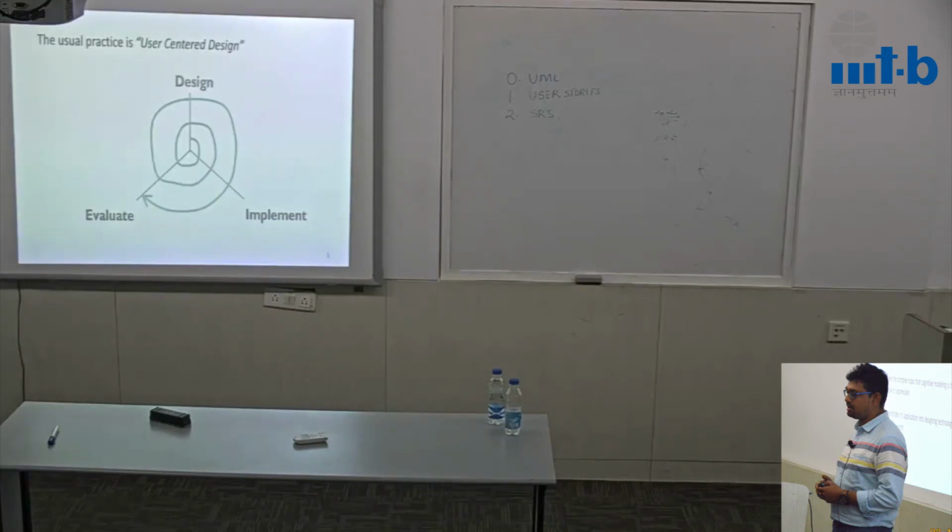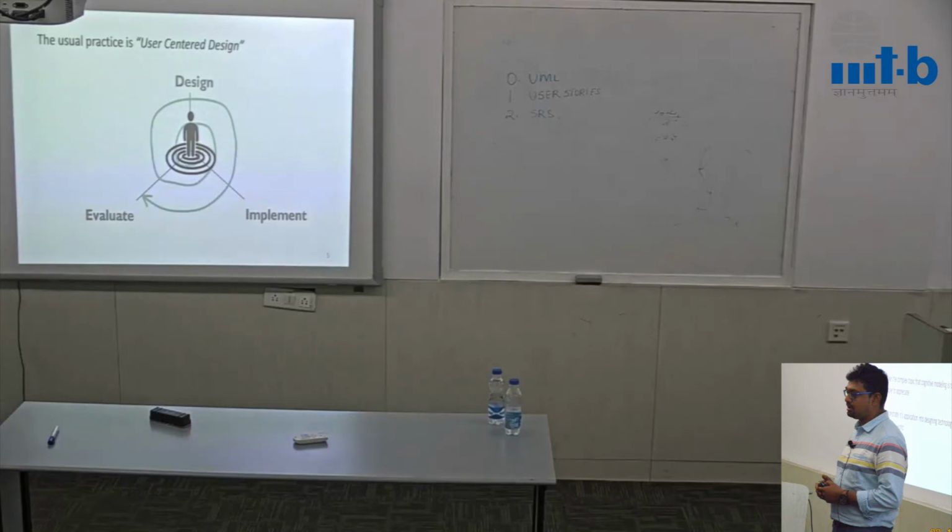The usual practice in the industry is to use a term which people use, user-centered design. You must have definitely heard about this term when you speak about design. So what they say is, when you design for people, keep your users in the center, which means you would design an idea, you would implement it through a prototype, you would iterate back, you would test with your end users, and again, this is a spiral process.